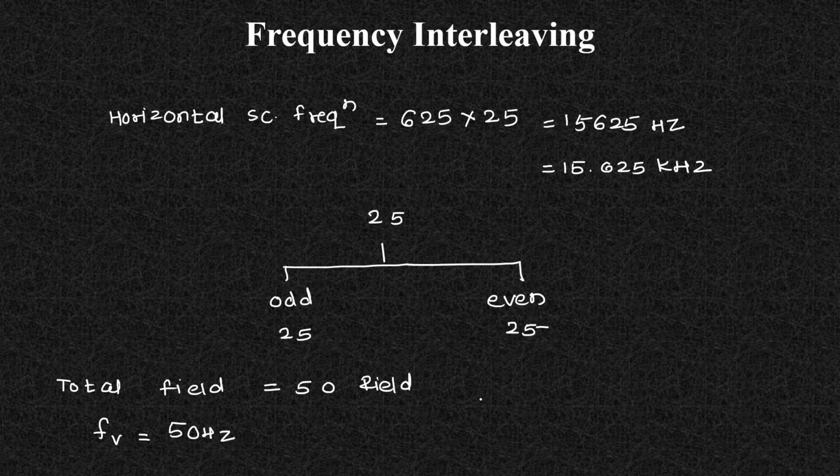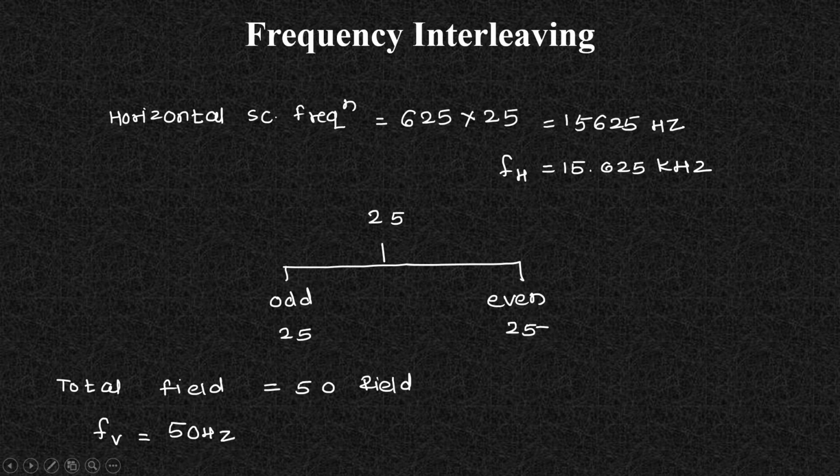Horizontal scanning frequency is 15.625 kilohertz and vertical scanning frequency is 50 hertz. This means that 15625 lines get scanned in 1 second and 50 fields get scanned in 1 second.